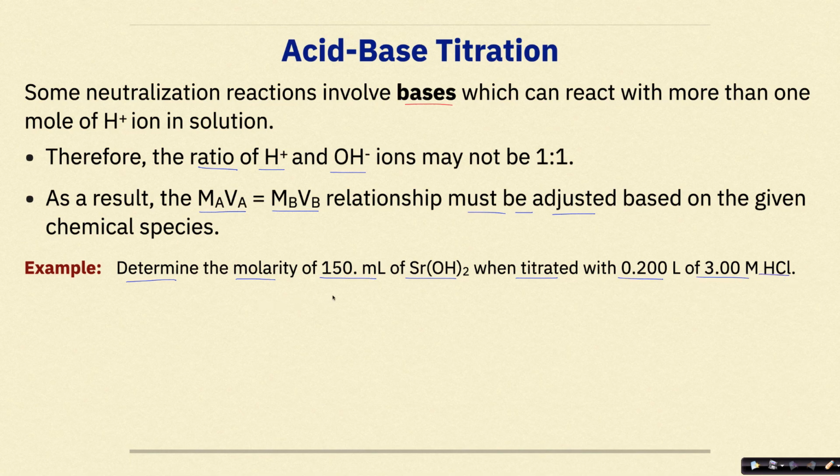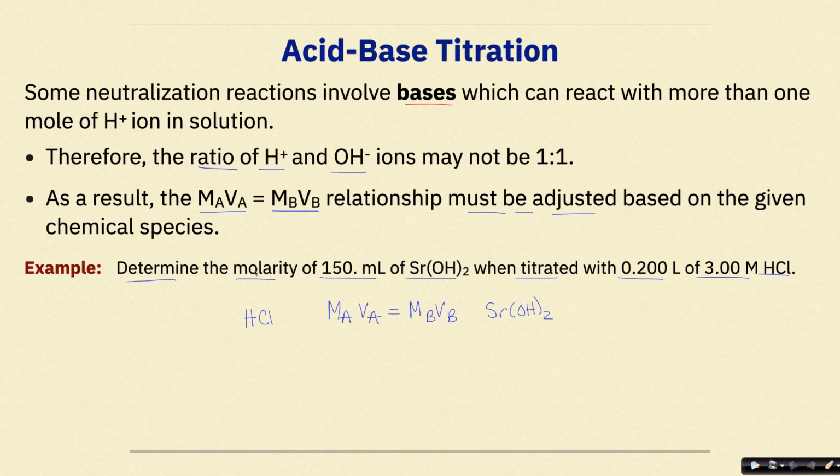So the first thing that we're going to do is write our formula. MAVA is equal to MBVB, where Ma, the acid that we're looking at here, is HCl, and the base that we're using is SrOH2.